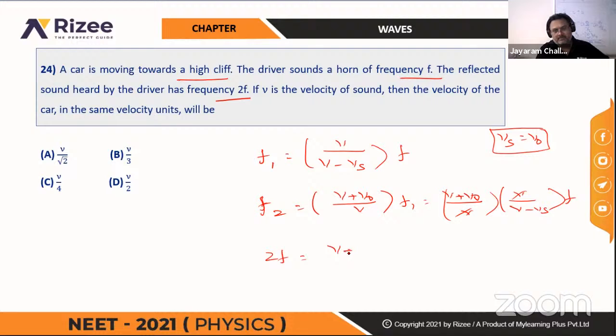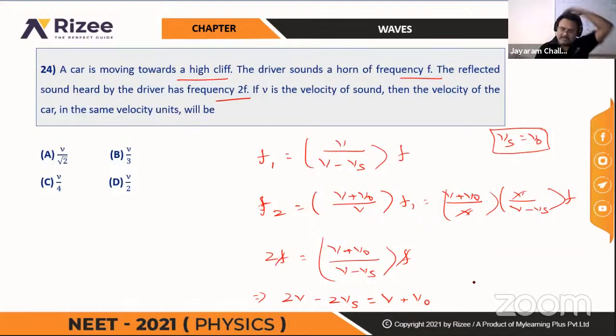2f is equal to v plus v naught by v minus vs, but both of them are the same. This is f, remove this one. Now I'm expanding this. This is 2v minus 2vs is equal to v plus v naught. Cross multiplying this one.